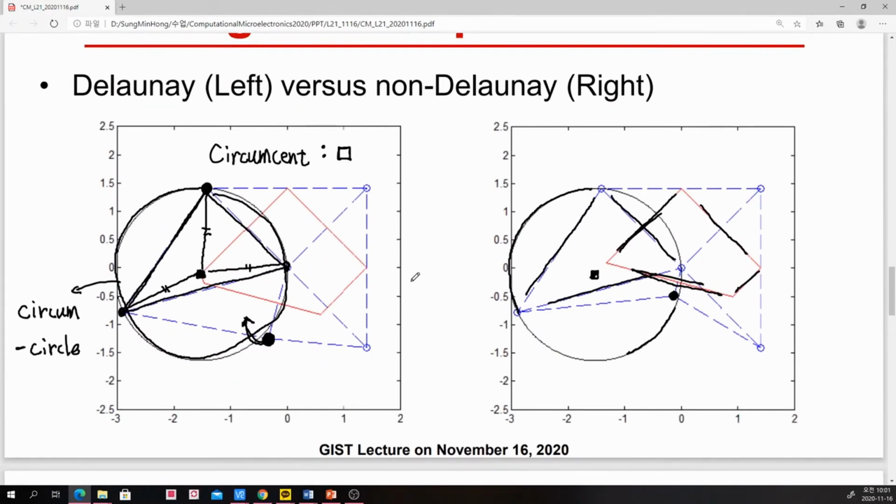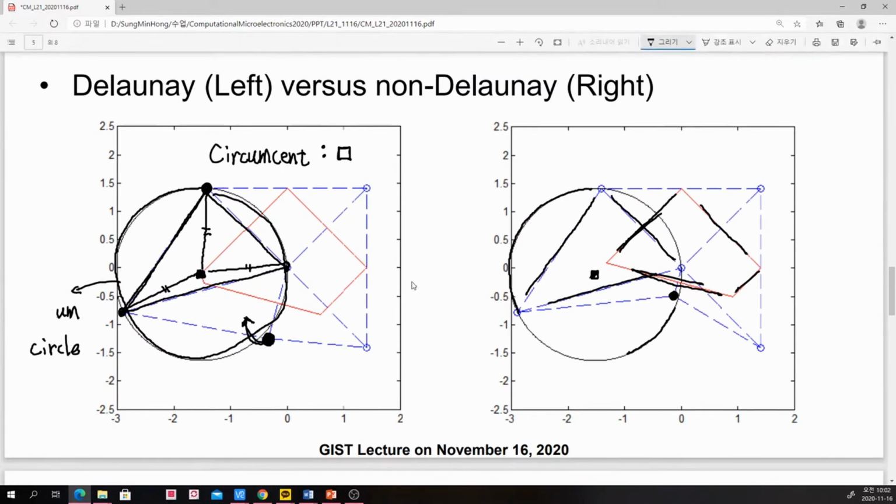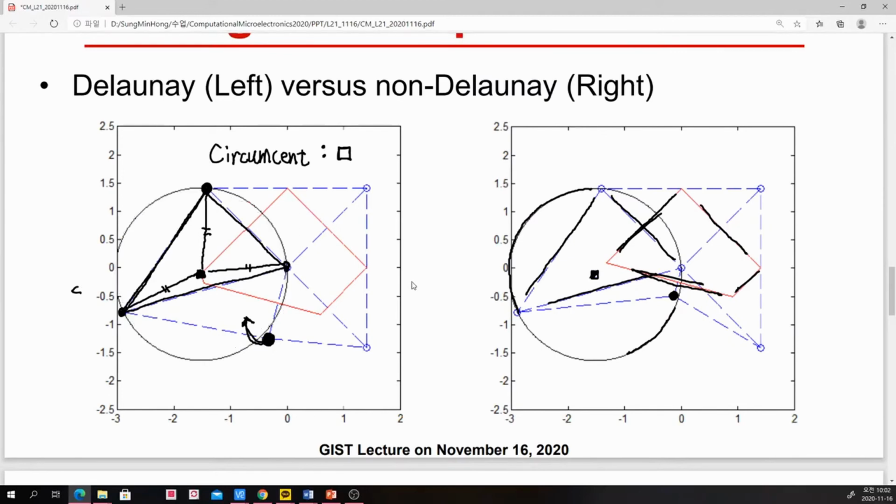I think that in this part, when I started to talk about the Delaunay condition, maybe some of you are a little confused. If you are not fully convinced with this Delaunay condition, I think that it's okay. The point is, we have to find the Voronoi volume based on the distances.